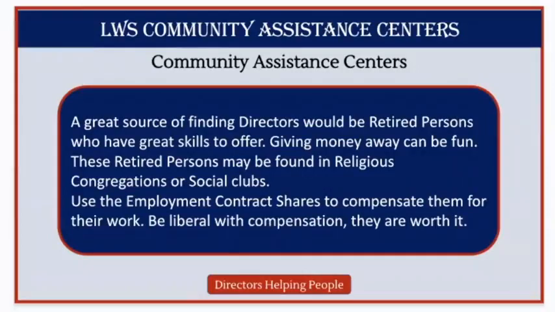Go ahead. So will the Zim benefactors create basically their own little company where they have employment contract shares to pay their directors and assistant directors and so on? The idea, yes, to answer that question, is that we'd like to not reinvent every contract.